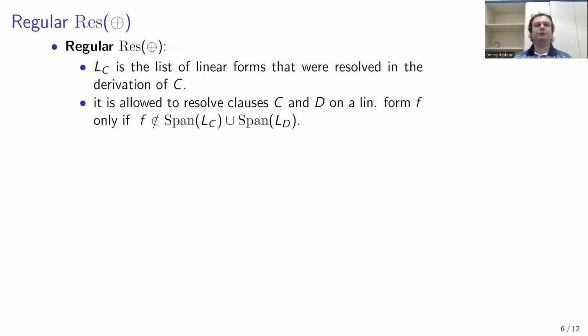In regular resolution over parities, we similarly define for every clause C the set of linear forms L_C that were resolved in the derivation of C. Now it is allowed to apply the resolution rule to linear clauses C and D over a linear form F only if F does not belong to the span of L_C and the span of L_D.